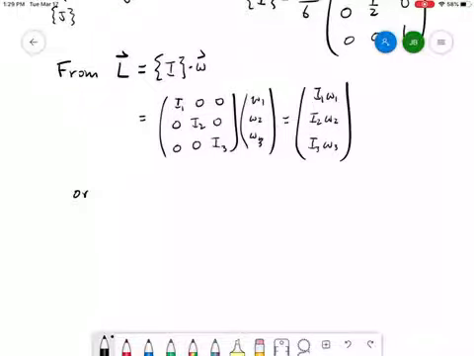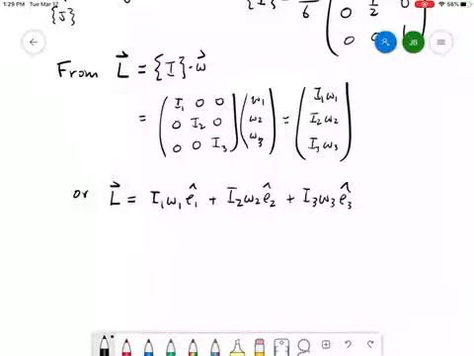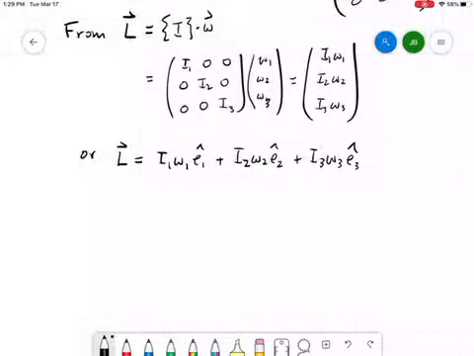Or L in vector notation is I1 omega 1 times the unit vector along the first principal axis. Actually, we were calling the unit vectors along the principal axes E1 hat, E2 hat and E3 hat. Okay, I think that's where we left off last time.